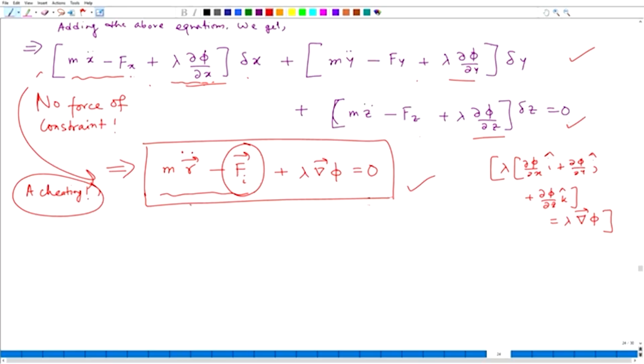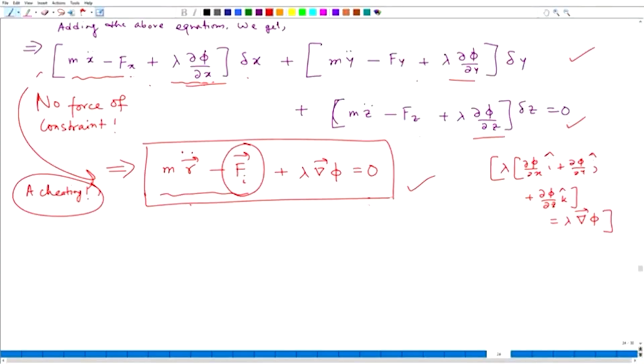This is possible only when we assume or we can show that delta x, delta y and delta z can be arbitrarily chosen, that means they are independent. But remember, delta x, delta y, delta z are related by constraints. So, they are not independent quantities.